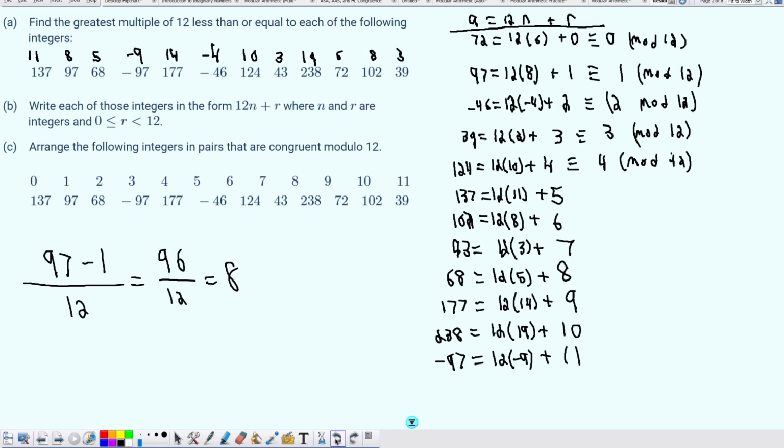Alright, that messed it up a whole lot. Alright, me being lazy never pays off. Alright, keep going. 137 is 5 mod 12.